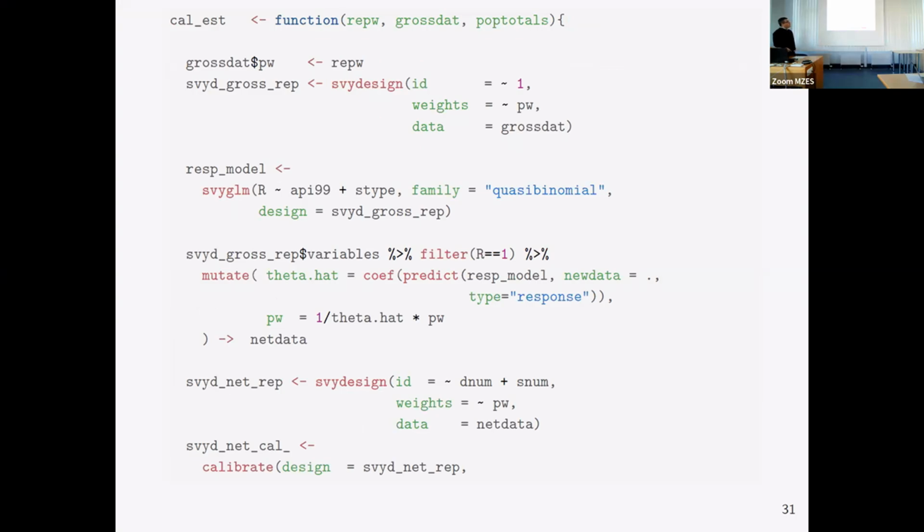What I'm doing here is writing an estimation function that repeats the steps of estimating the response propensities and the calibration. So first, input is a vector of replication weights. That's the first thing I'm doing. I'm resampling the gross sample, and then for each resample I'm redoing response propensity estimation and calibration.